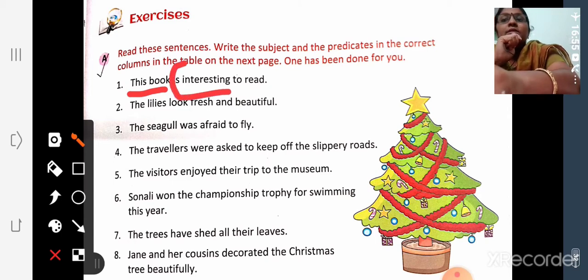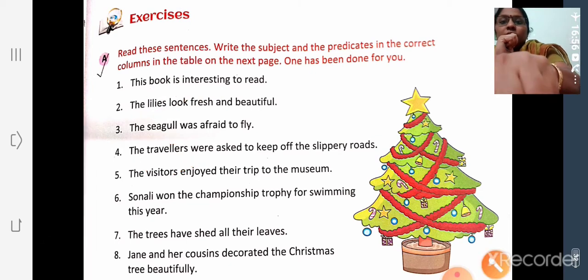Second one: the lilies look fresh and beautiful. The lilies, subject; look fresh and beautiful, predicate. The seagull was afraid to fly. The seagull is the subject; was afraid to fly, predicate. The travelers were asked to keep off the slippery roads. The travelers, subject.